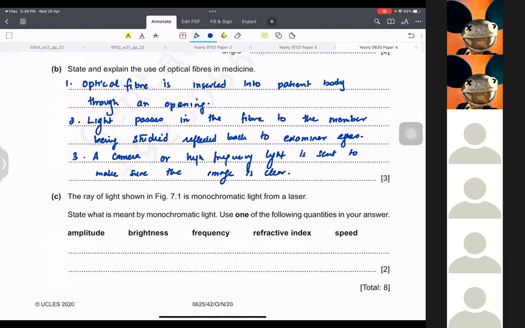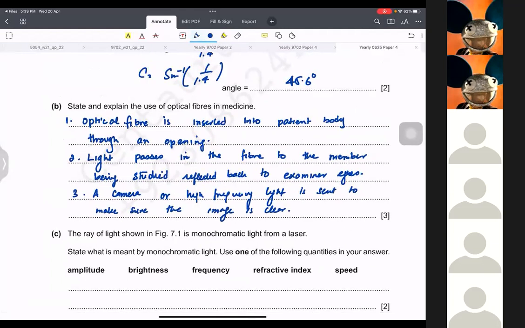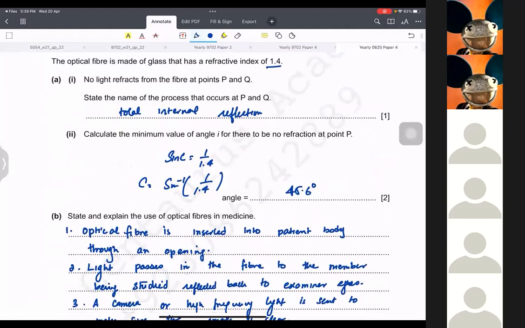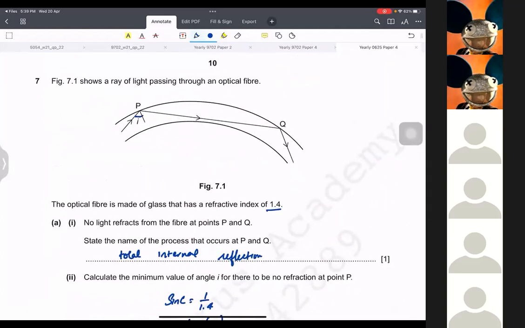Then state what is, yes. For the above question, the second point, I don't get that. So why is it called critical angle? Because if the angle of incidence, this angle, is less than the critical angle, it will go out.